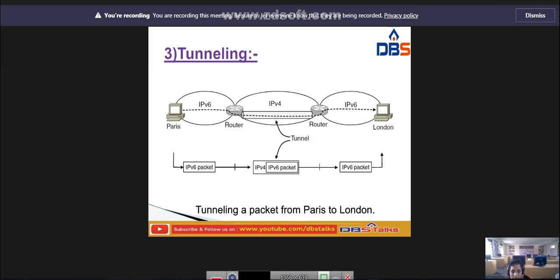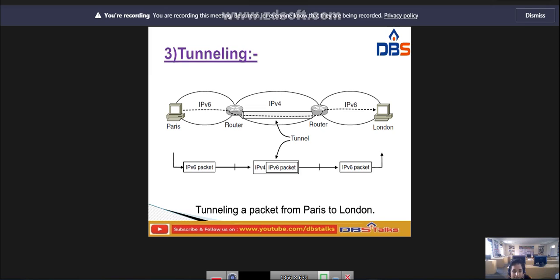Between the source in Paris and London, I am using routers. From Paris to the router I am using IPv6. From the other router to London I am using IPv6. Between the two routers I am using one tunnel, which is IPv4.